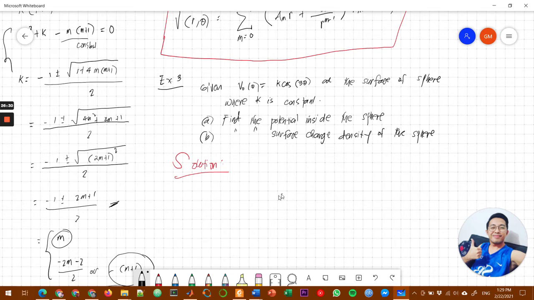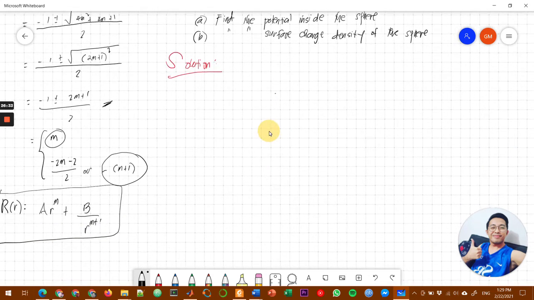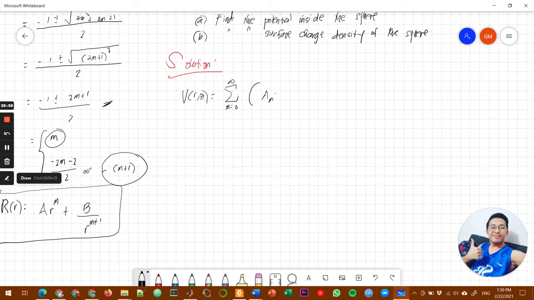Okay, so we will use the solution that we already solved. We have the summation of these values where m is from 0 up to infinity. We have A sub m r to the m plus B sub m over r to the m plus 1, times the solution for the angular part, the Legendre polynomial.